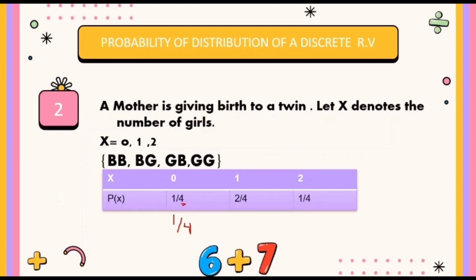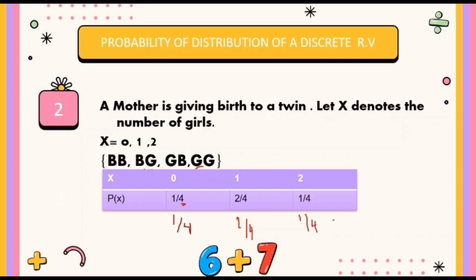And the next, how many twins consist of one girl? As you can see here, the boy and girl, that is 1, and then girl and boy, that is 2, so that is 2 out of 4. And then how many of them consist of 2 girls? As you can see, there is only 1, so that will be 1/4.